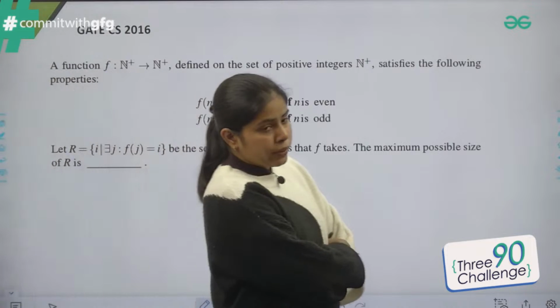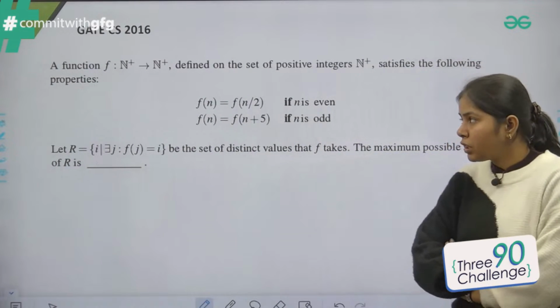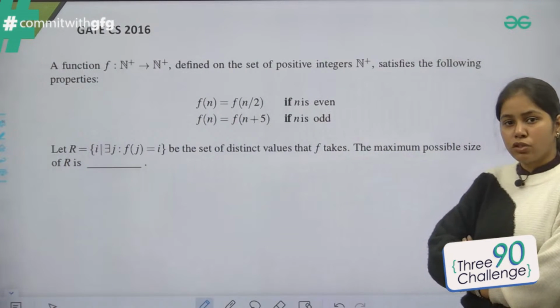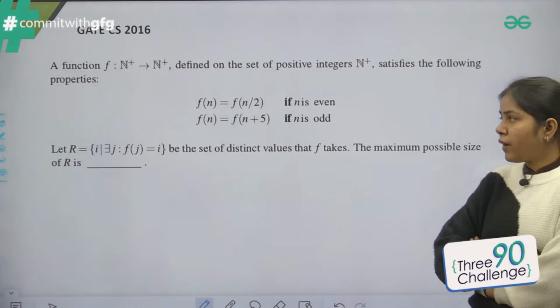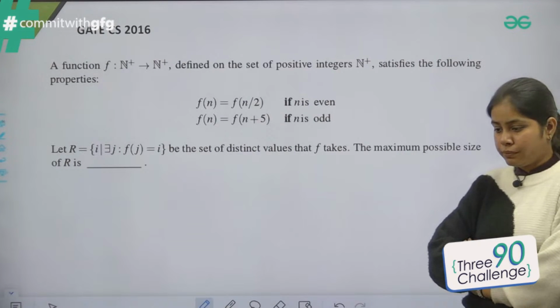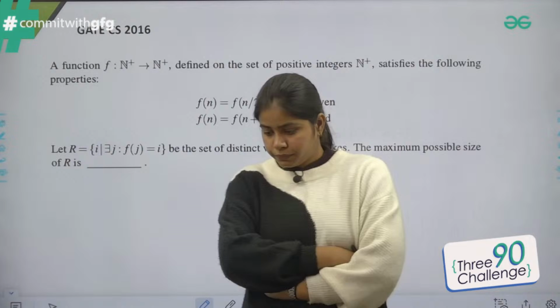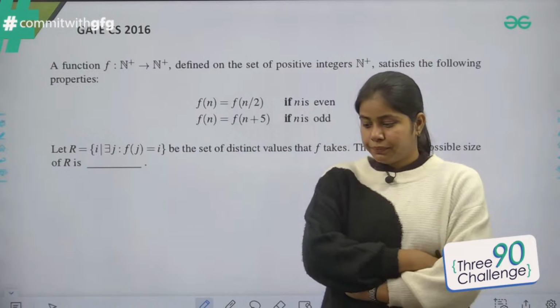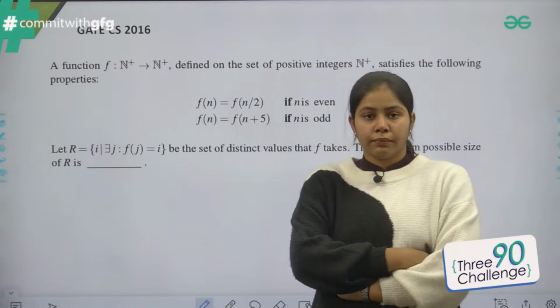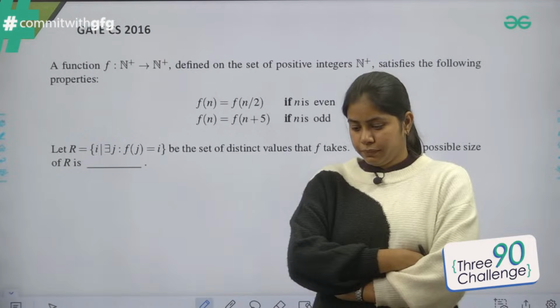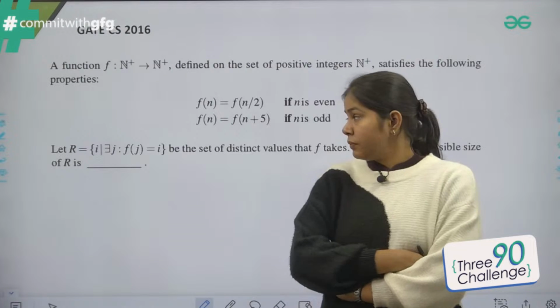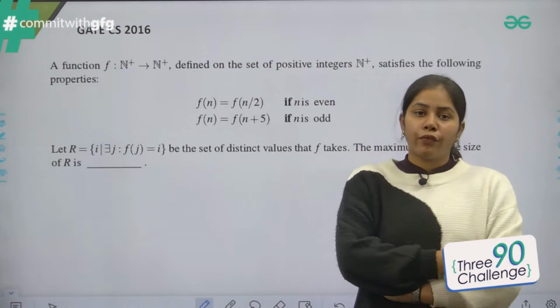As you can see, its domain is positive natural numbers and codomain is also positive natural numbers. So start finding out from f of 1.